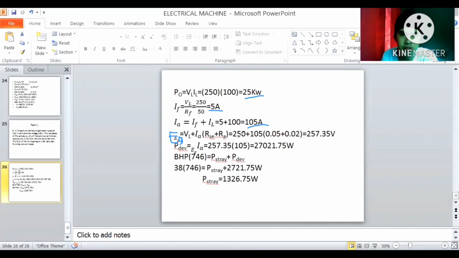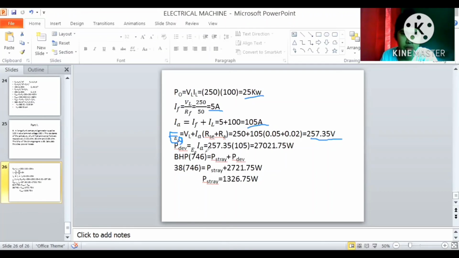VL equals 250 plus 105 times RSE, which is 0.05, plus 0.02. So equals 257.35 voltage.